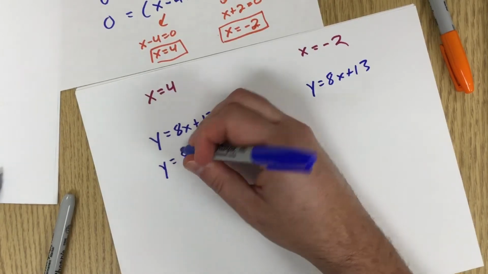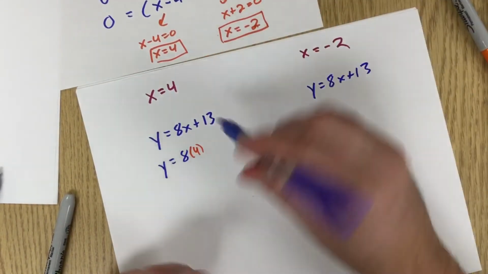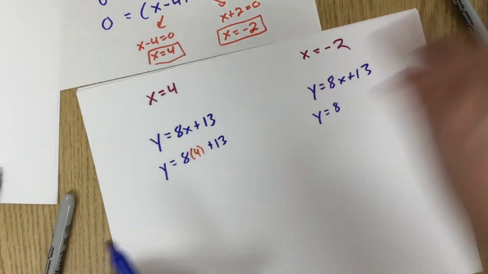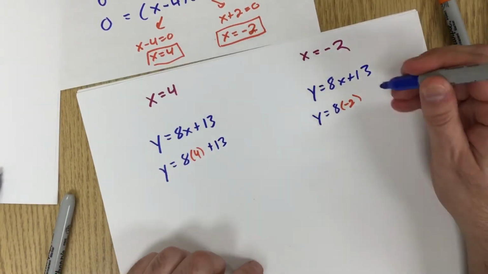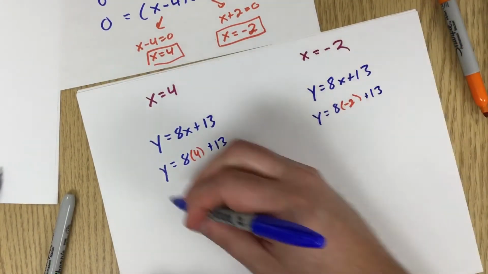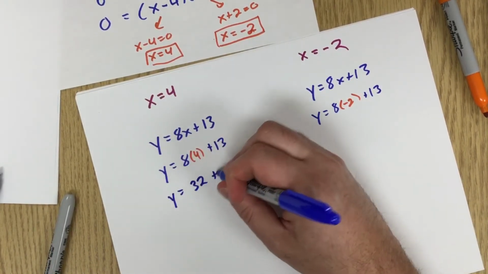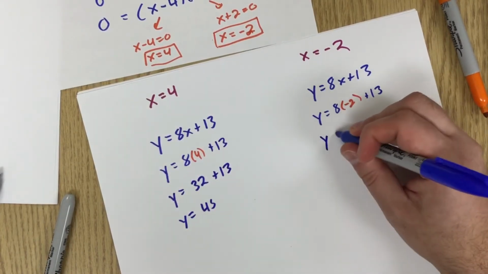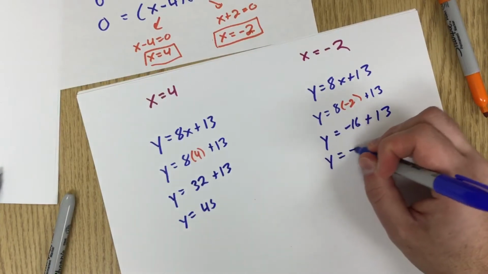So y equals 8 times 4 plus 13, or y equals 8 times negative 2 plus 13. 8 times 4 is 32 plus 13, which is 45. And this is negative 16 plus 13, which is negative 3.